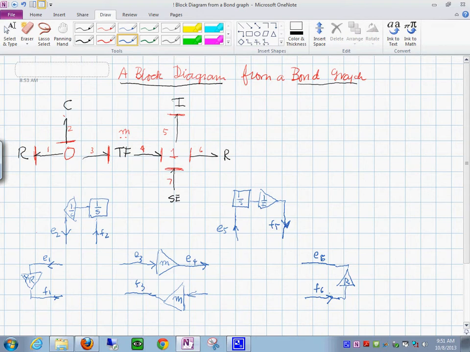Shouldn't the transformer be 1 over n? If you relate a transformer like this, TF, and let's say this is M, and then you relate the same thing this way, this one is going to be 1 over M, or vice versa.